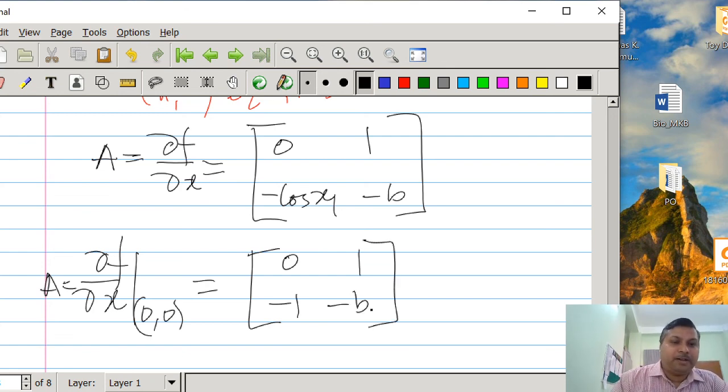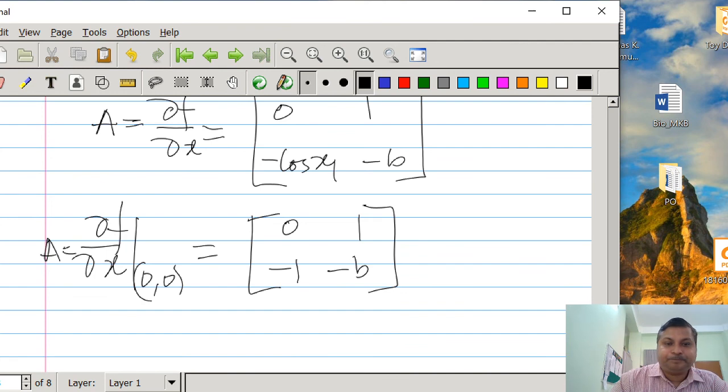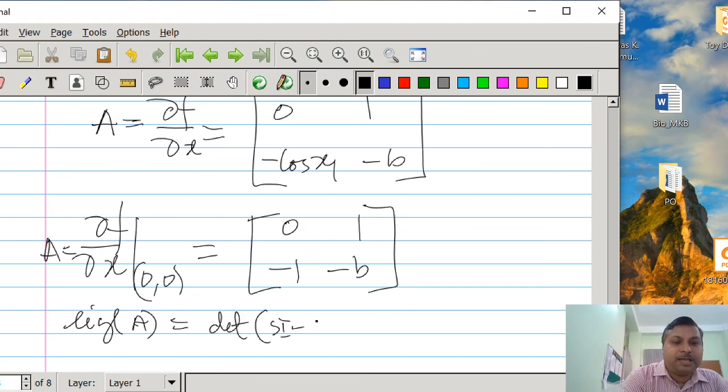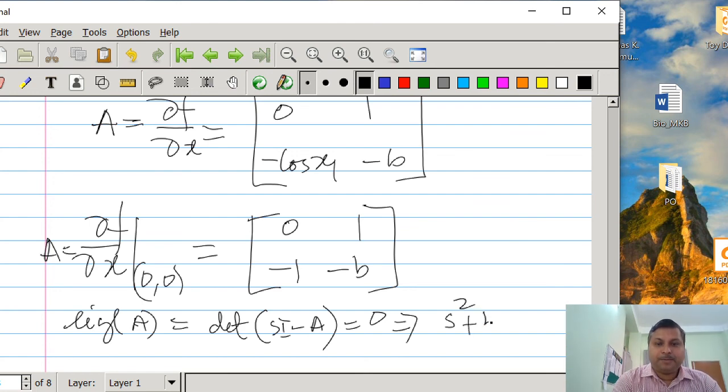If you find the eigenvalues of A, we have to make the determinant of sI minus A equal to 0. So we get the characteristic equation, s square plus bs plus 1 equal to 0.